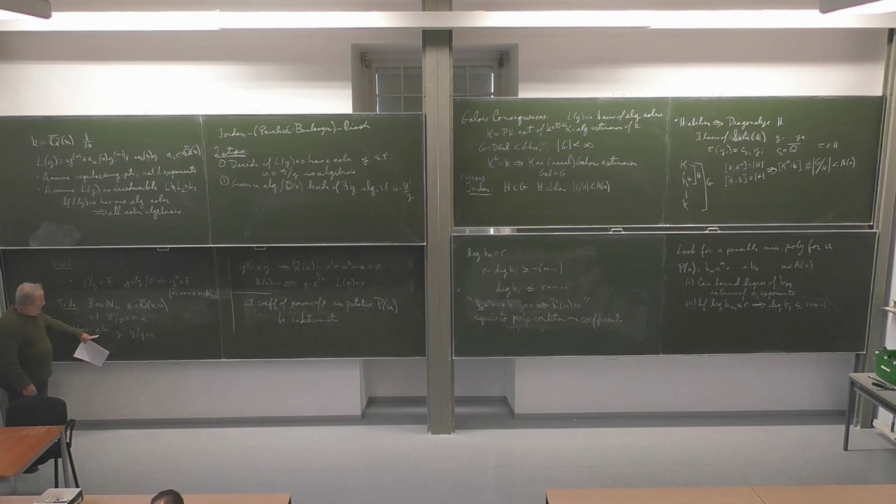I take the logarithmic derivative of this. It's 1 over m times the logarithmic derivative of that. And I found what I want, okay?